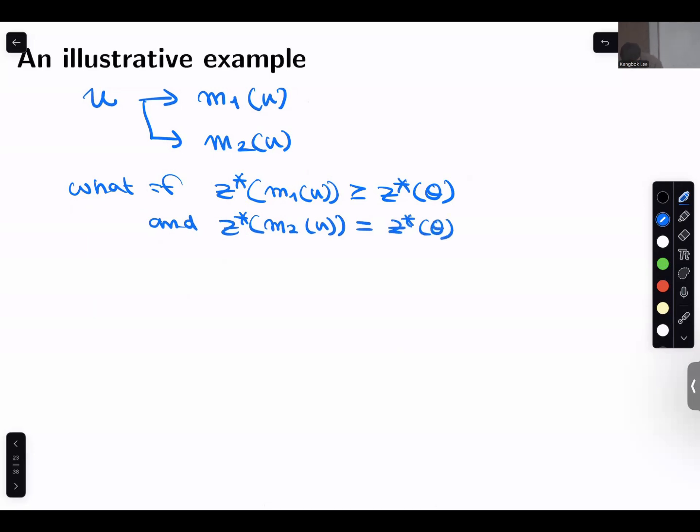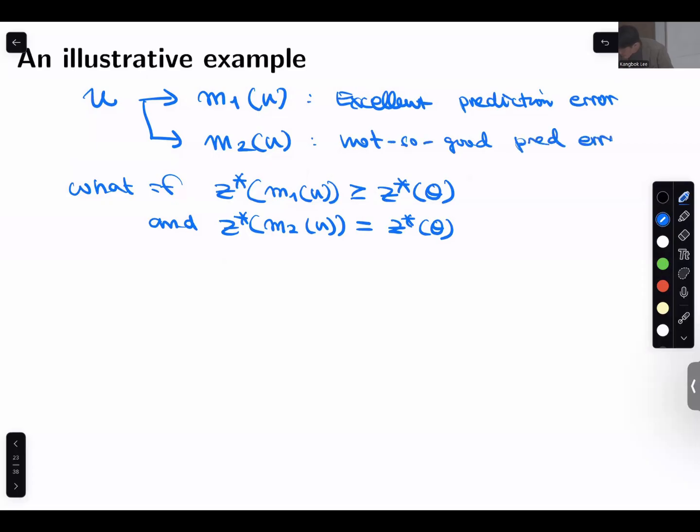In terms of prediction error, M1 has an excellent prediction error, like excellent L2 accuracy, for example. And M2 has a not so good prediction error. So when it comes to pure prediction-error-based evaluation, M1 is better than M2. But what if we actually use these predictors in optimization?